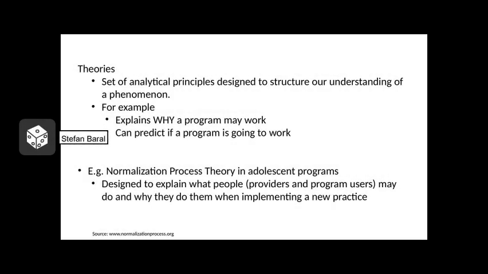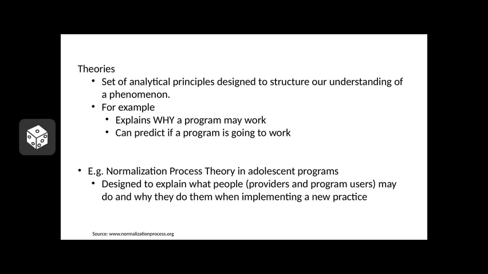And then finally, I'm just going to briefly say the word theory. I only say this because it can be useful to use these theories to ask why you think this program would work. You went through that process earlier, and you have an implementation diagnosis. You have a solid understanding of why it's not working. You don't think that providers are reimbursed enough, for example. So then you think about a program that's going to address that. The theories can help you say, I think this is going to work because of this.